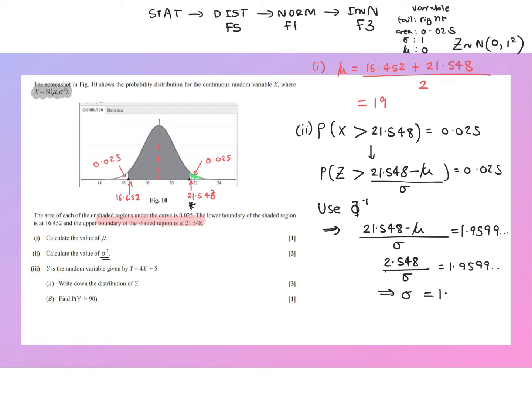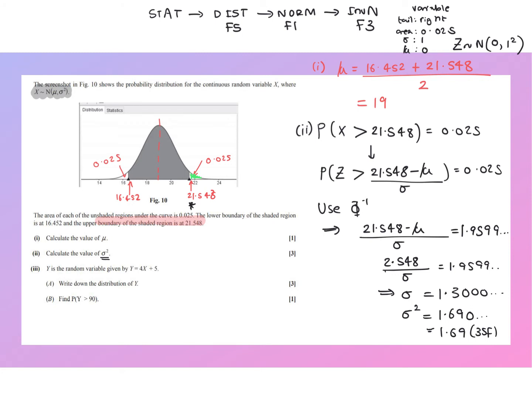So sigma equals 1.3000... And the question actually asks for the variance, so we need to square this value to give us 1.690... So 1.69 to 3 significant figures is the value of our variance, sigma squared.